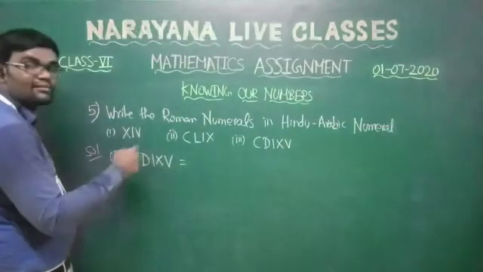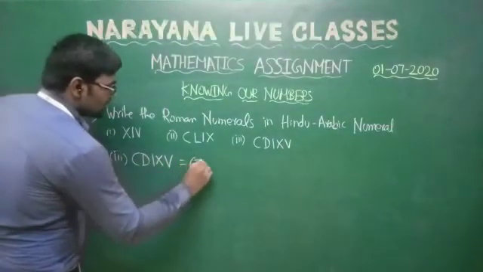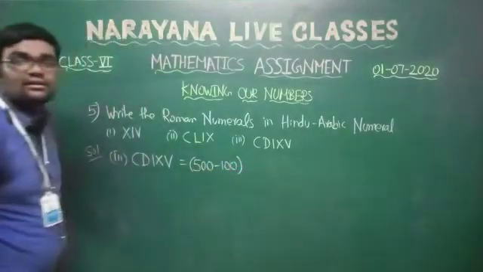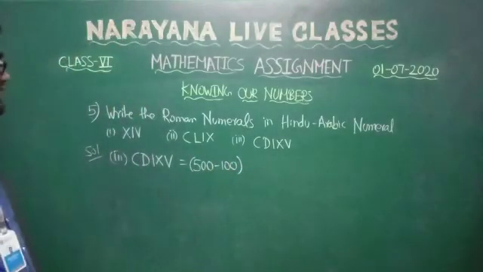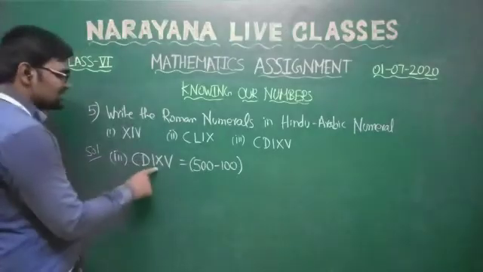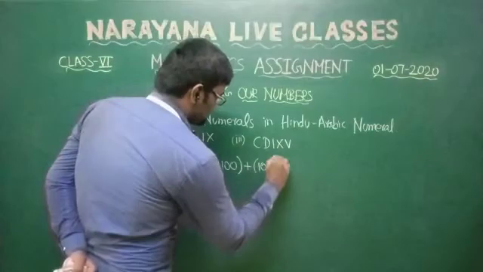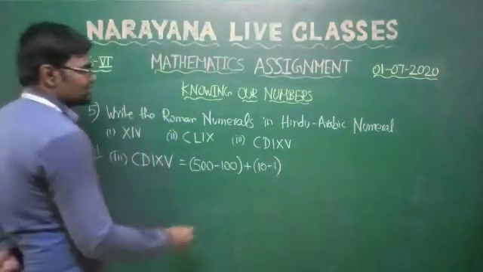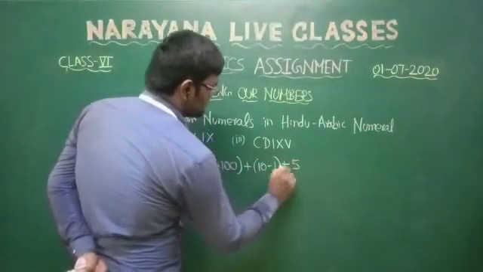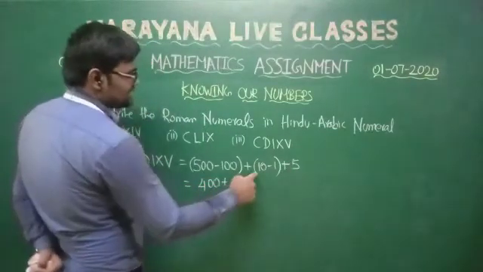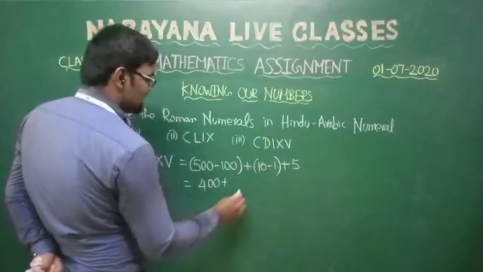How will you do for 9? 10 minus 1; like that only here also. 500 minus 100. And again here it is 10 minus 1. Again here it is 5. So now here 500 minus 100 is 400, plus 10 minus 1.